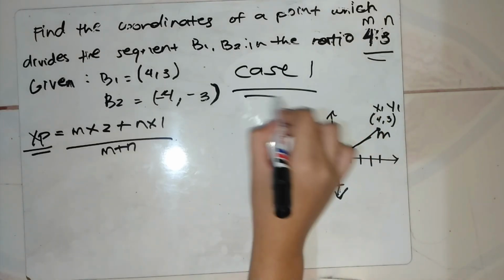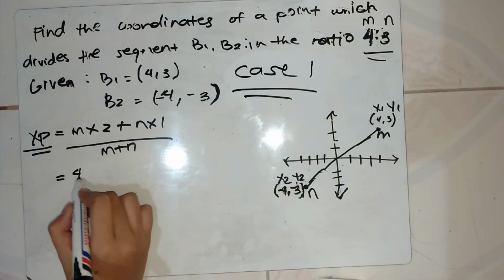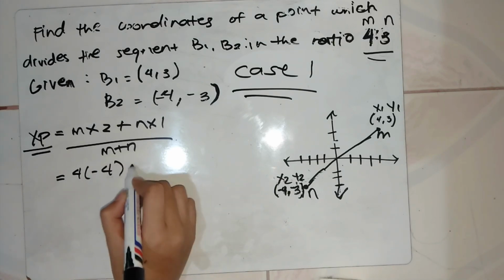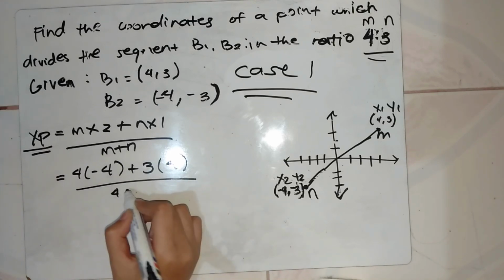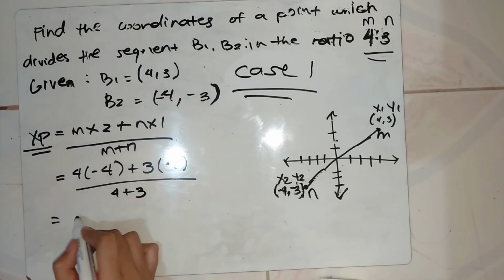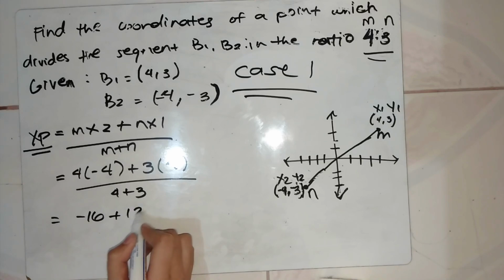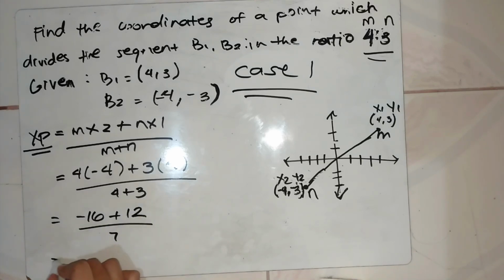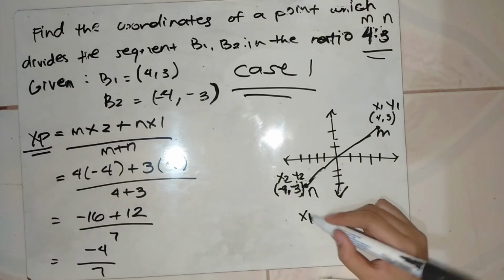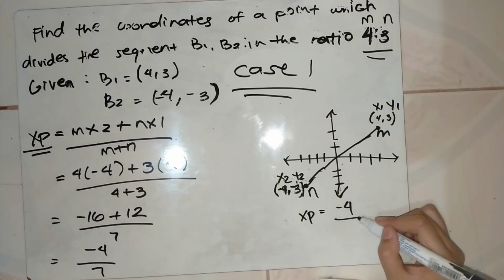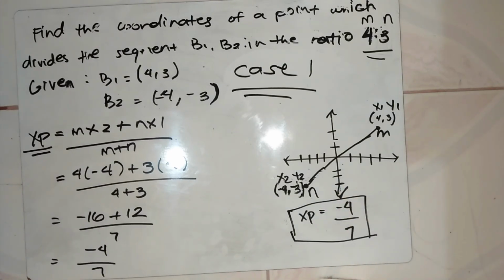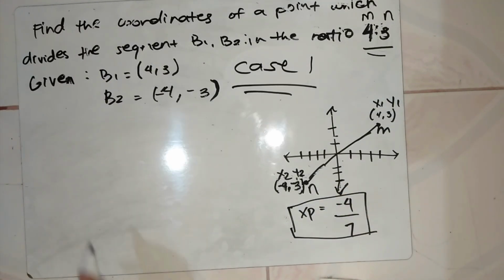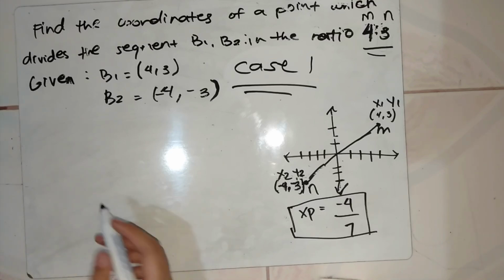X sub p is equal to 4 multiplied by negative 4 plus 3 multiplied by 4 divided by 4 plus 3, which is negative 16 plus 12 over 7, equal to negative 4 over 7. Our x sub p is negative 4 over 7. This is the formula in solving the y sub p.